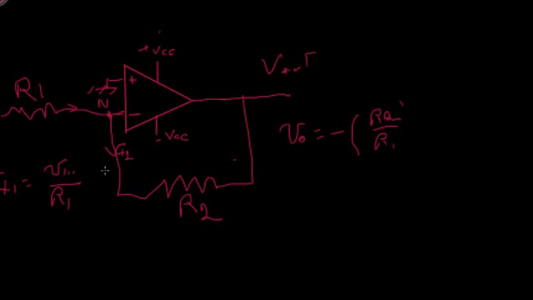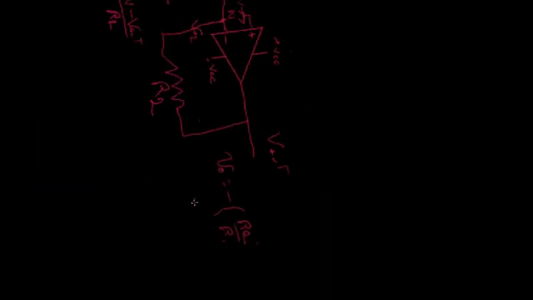The only way we can match that current is if I2 is equal to 0 volts minus V out, writing a bit of a node equation here, over R2. And we know that I1 and I2 are equal, and that's where we get our expression. So again, we see the opposite polarity output. We see the input resistance of our inverting amplifier being R1, and we have a gain expression here.